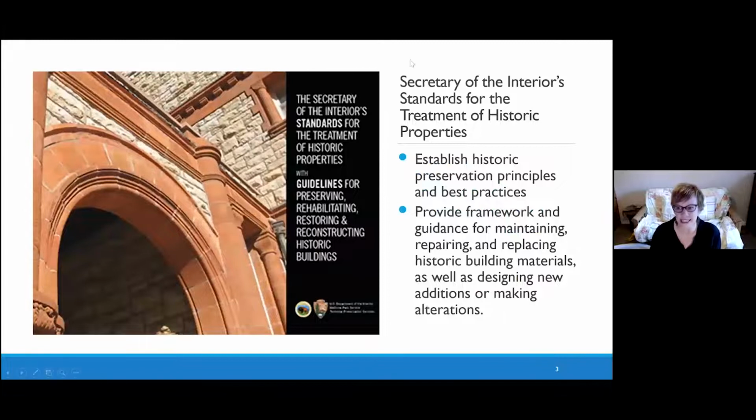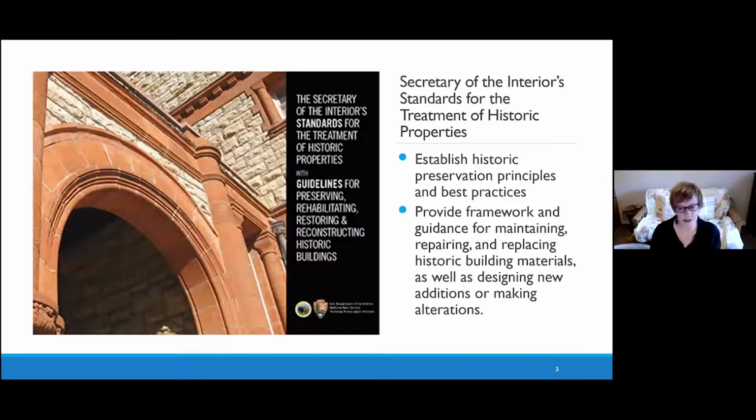Okay, so let's get started. So what are the Secretary of the Interior standards? There are standards for the treatment of historic properties, put together by the Secretary of the Interior with the National Park Service, who's the guiding federal agency for historic preservation in the US.